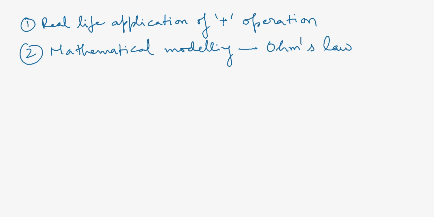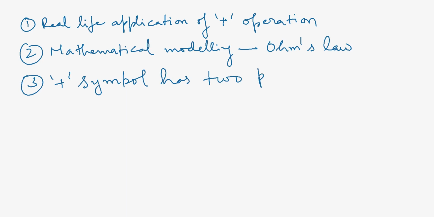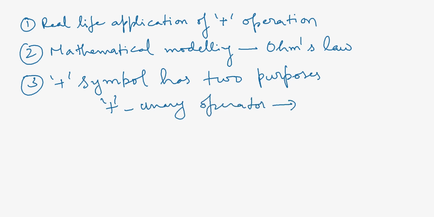And then we saw the plus sign has two meanings: one is the binary operator, and the other is the unary operator. The plus symbol as a unary operator is used for direction.